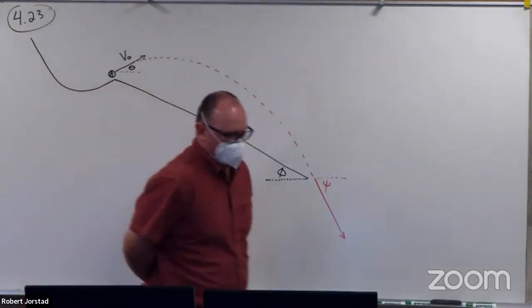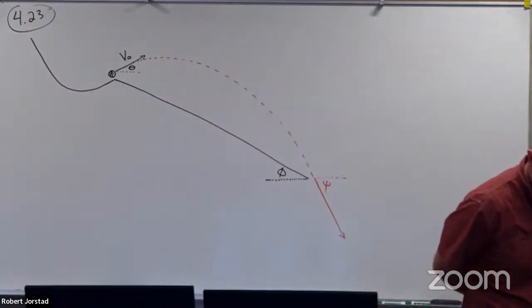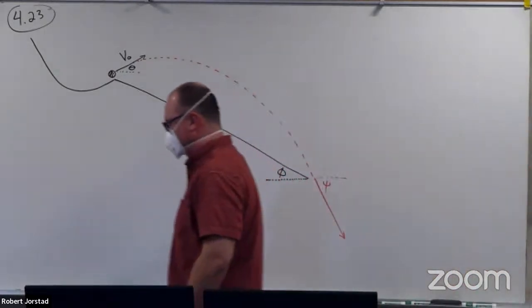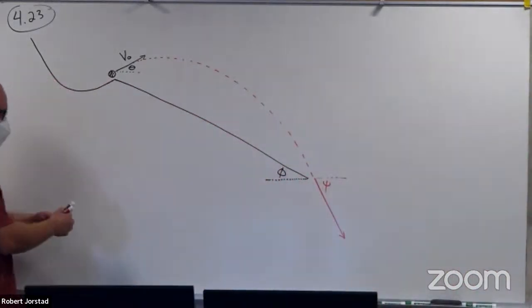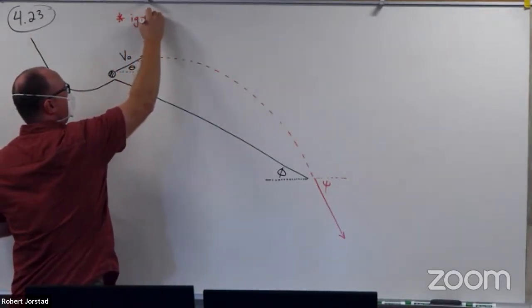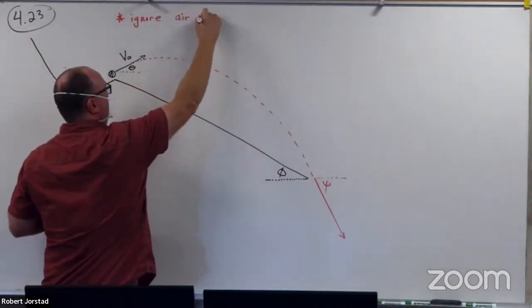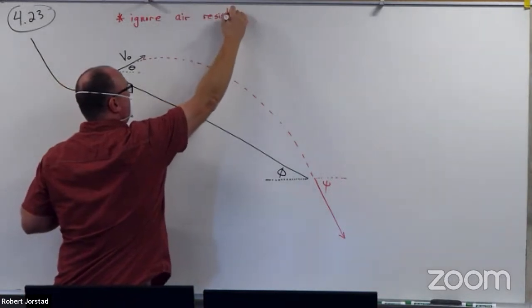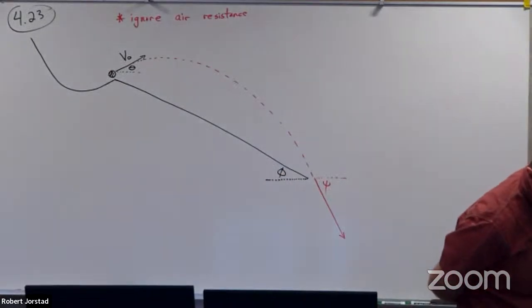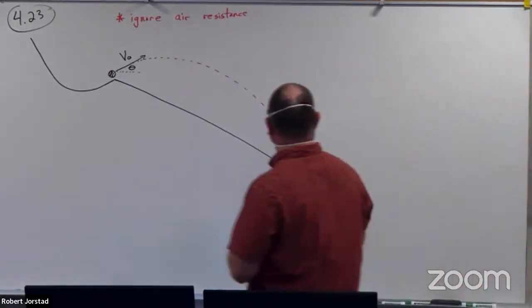What do we know? Okay. Air resistance is huge, but we're going to ignore it, right? Air resistance is probably one of the crucial factors to help these people ski, but we are ignoring air resistance. Let's write that down. Let's write down what are our givens here, just so we don't get lost.